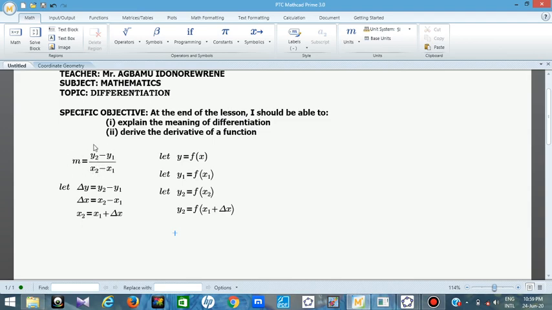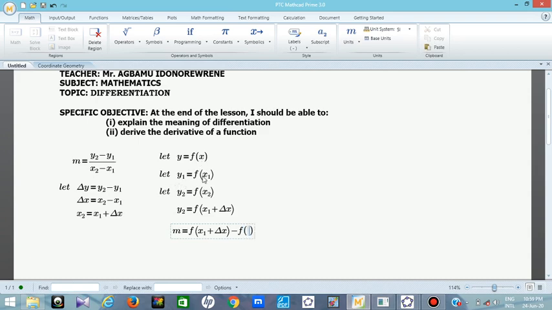Then the next thing we need now is, let's go to our gradient function, which is m now. If you substitute into the gradient function, m will be equal to, what is y2? You can see your function for y2, which is f of x1 plus delta x. Then what is y1? y1 is the function itself, which is f of x1, then divide.